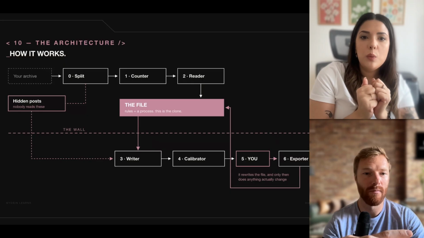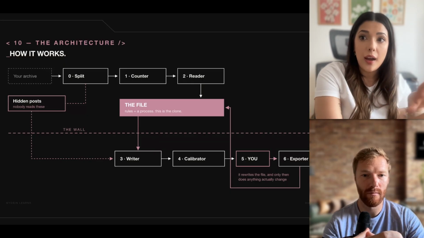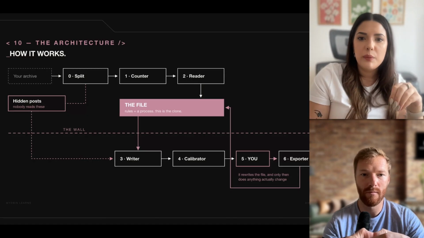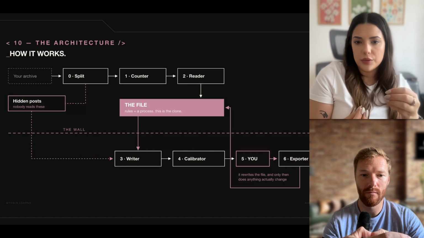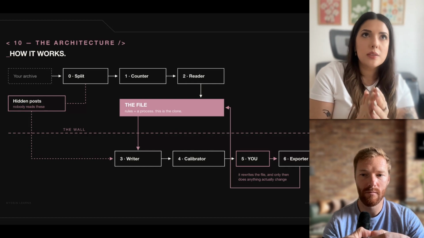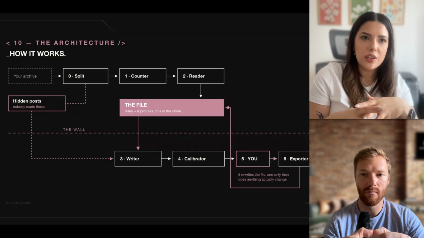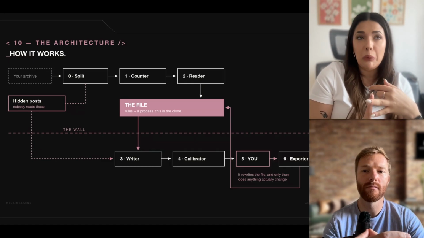So there is going to be one that counts. Another one is going to hide some posts from all the rest of the agents. And there's going to be one that reads. The reader is the one that is going to create rules. And this is interesting because when you give a prompt, for example, the description that Claude is going to have about you is, okay, she's punchy, edgy, funny.